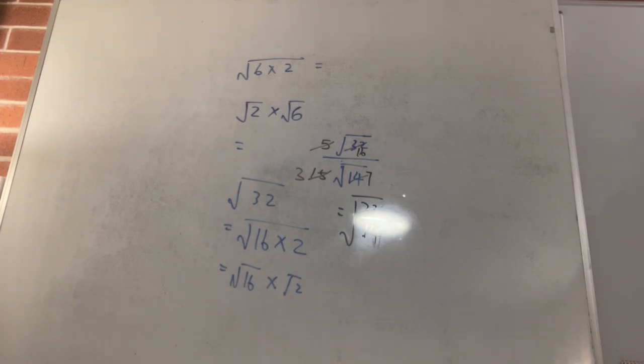Here's where 84 comes from, and times 6. Look at that, what I just said: when the root meets the root, I can cross. Cross them as usual.